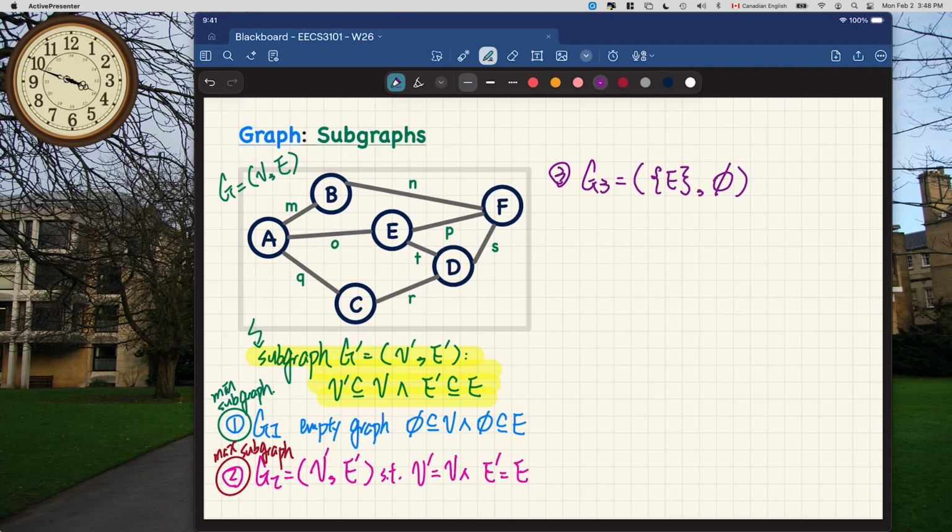It is, right? You can think about G3 here as basically like this. I'm basically just covering just this vertex over here. So the subgraph is just by itself, without any edges, which is okay, right? So here you can see the E here is a subset of the original V, and also empty is also a subset of E, all right?